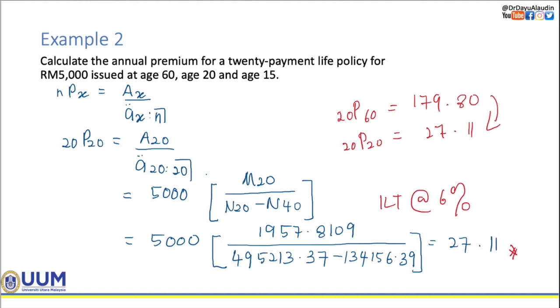That's why the premium is more expensive for older people, because they have higher risk of death. So we can imagine that the premium at age 15 must be cheaper than 27.